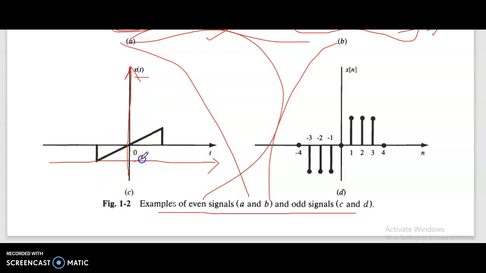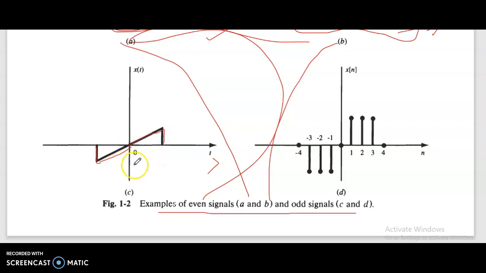Here this is 0. On the negative side they are going, sorry, here this is the negative side, here 0. It means on the positive side it is going like this.